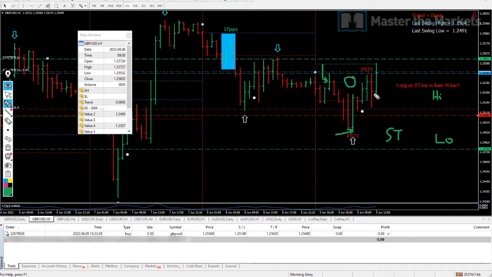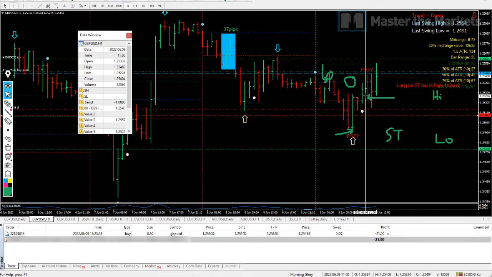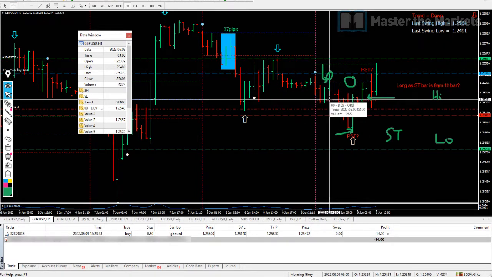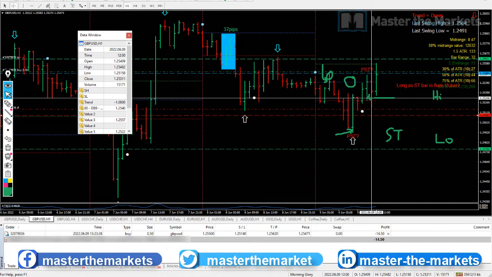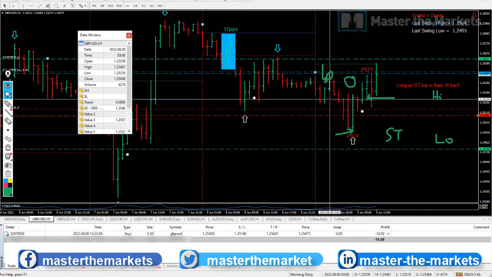Now, as you can see, this bar's high finally got taken out by this green bar, by just 2 micro pips, in fact. So if you take a look over here, the high was 125469, here was 125448. So not that one. So the red bar here, 25482, and this one was 25481.